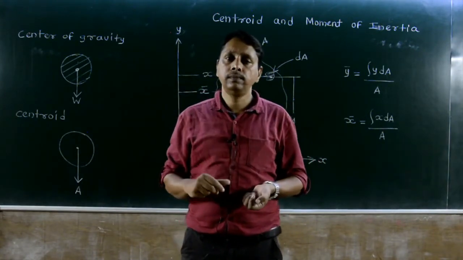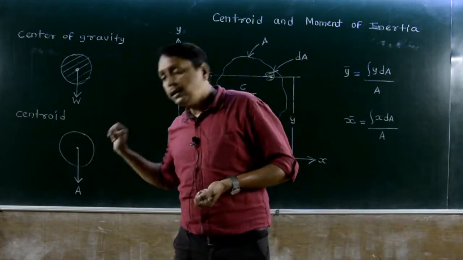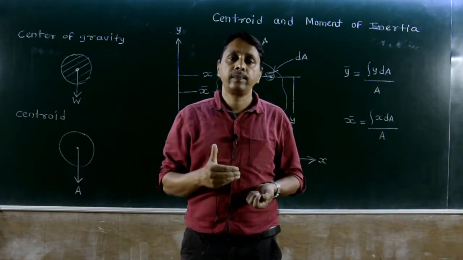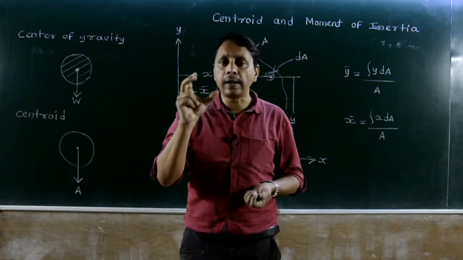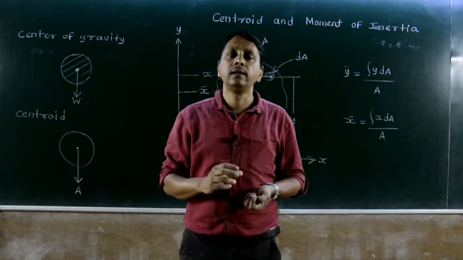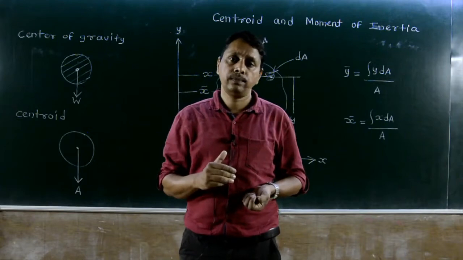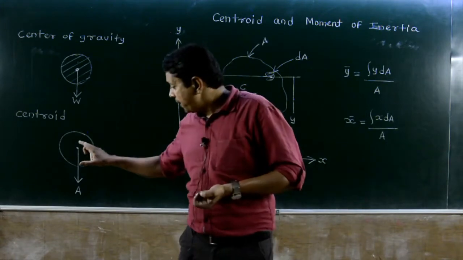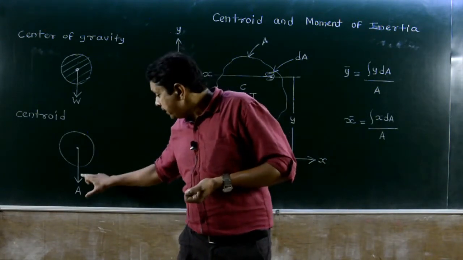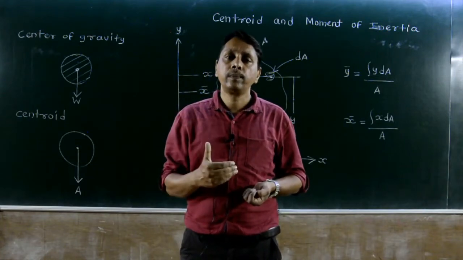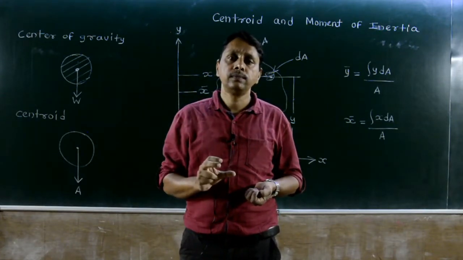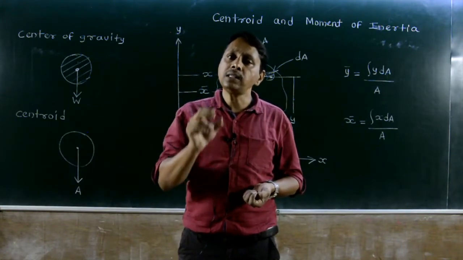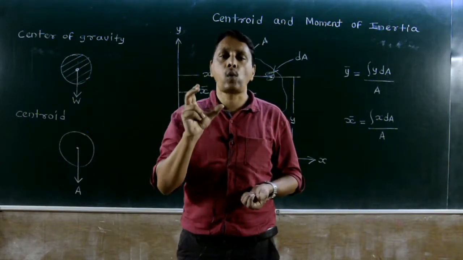It is a point through which the entire area of a plane figure, like rectangle, triangle, circle, semicircle, sector, is assumed to act for all positions of that plane figure. In other words, center of area is called the centroid.